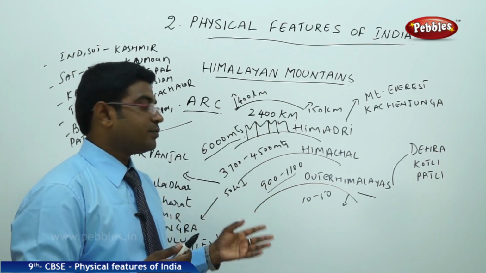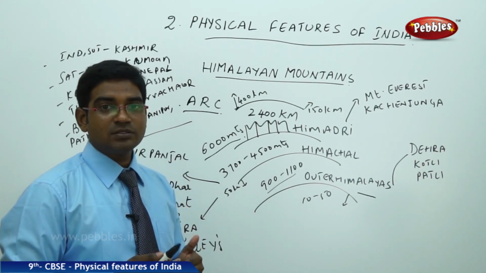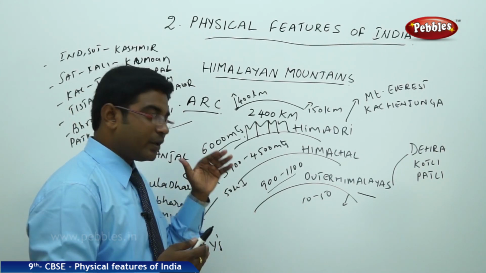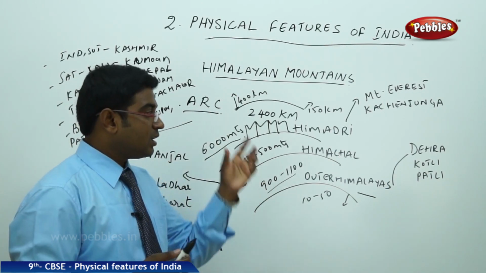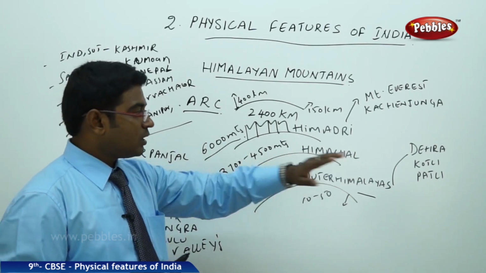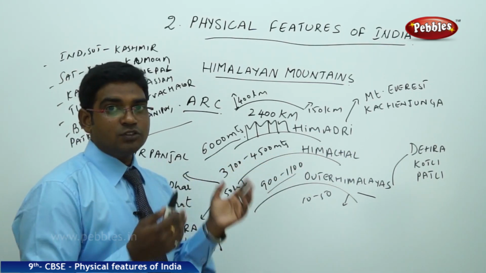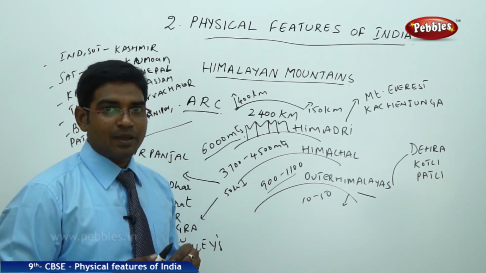The special attraction of our outer Himalayas is that they are discontinuous mountain ranges. They are very small. The average height is very low when compared to Himadri or Himachal. And here the most beautiful places are the Dehradun, the Kotli Dune and the Patli Dune. These dunes are another important attraction of the outer Himalayas.